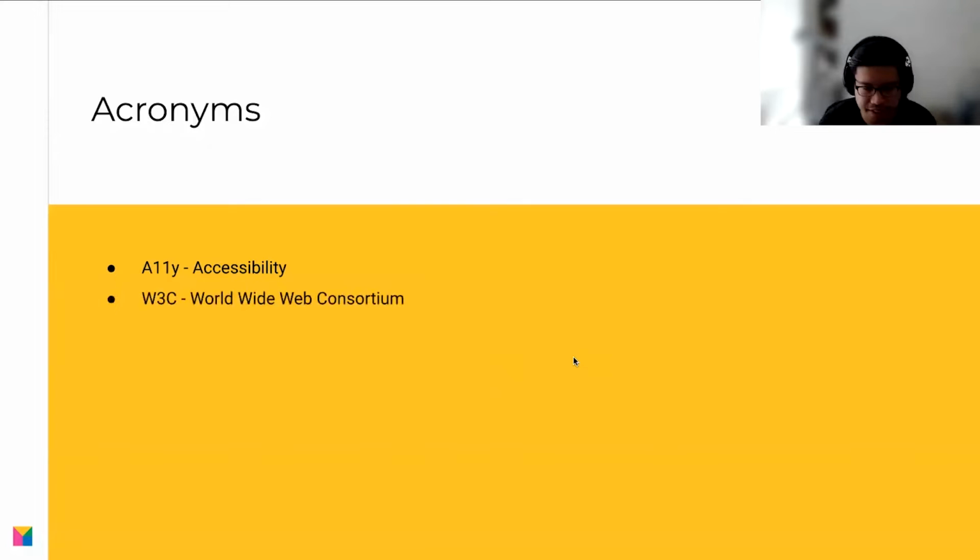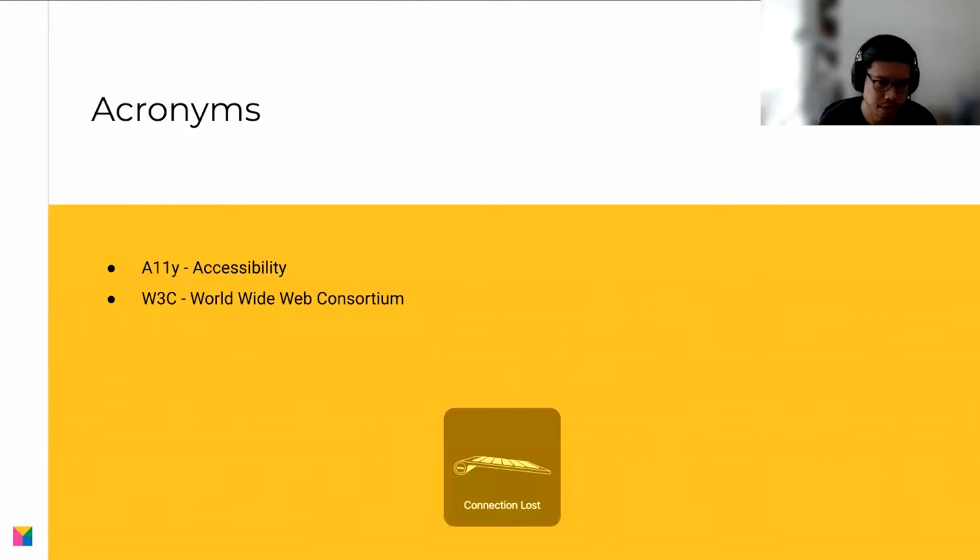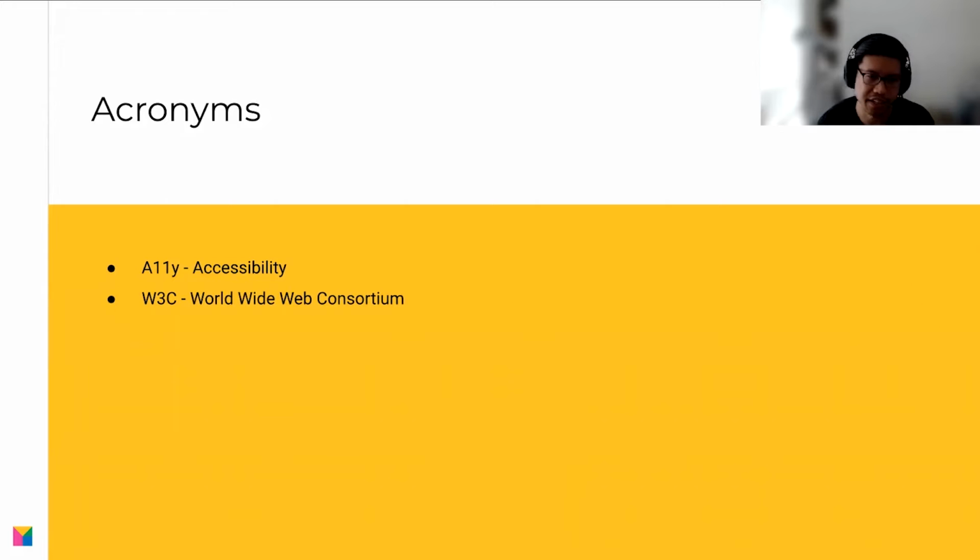We have the W3C, the World Wide Web Consortium. They are the main international standards group for the World Wide Web, and they are the ones coming up with a lot of these guidelines to help create a more accessible internet. They do this by having certain groups within them, and one is focused on actual web accessibility, and you'll see WAI.